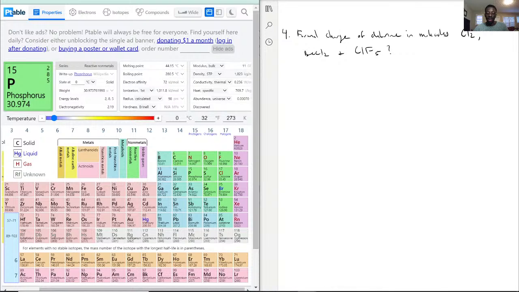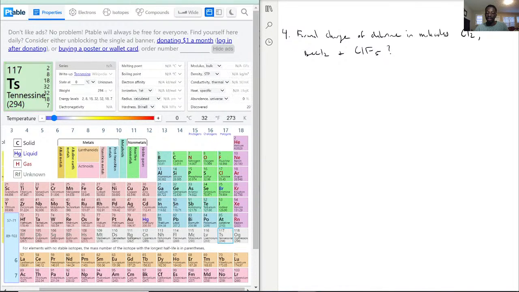So chlorine is on the 17th column, and those in the 17th column typically have 7 electrons to work with. You can also show this for its valence shell by the electron configuration. For chlorine, if I want to do the shorthand noble gas notation, I would start at the noble gas that comes prior to it, which would be neon.